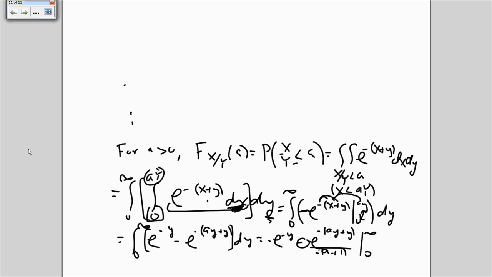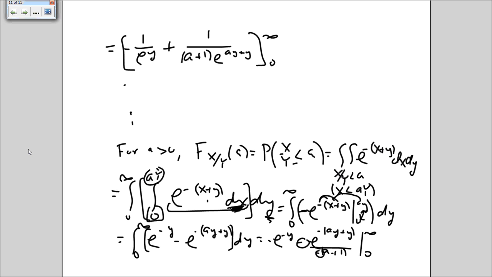This negative over negative is going to become positive. So I have negative 1 over e to the y plus 1 over (a plus 1) times e to the negative ay plus y. And this goes from 0 to infinity.